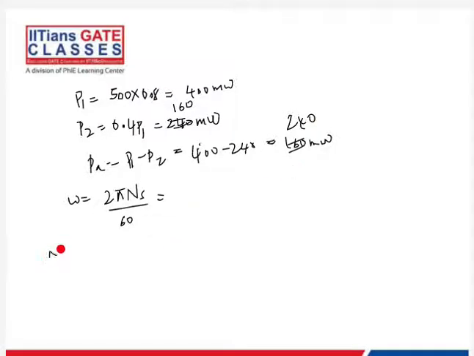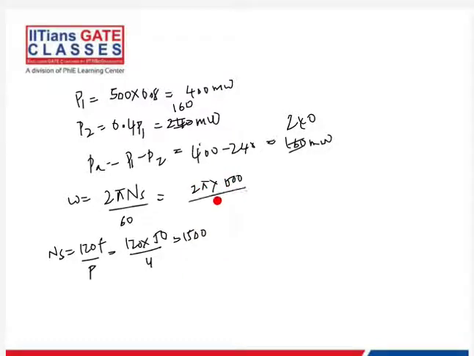So what is NS? NS is 120 f by P, so if you do that, 120 into 50 divided by 4, you will get 1500 RPM. Omega is 2 pi into 1500 rotations per minute divided by 60. That will give you radians per second.